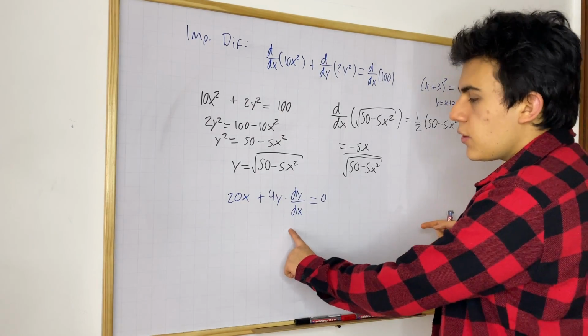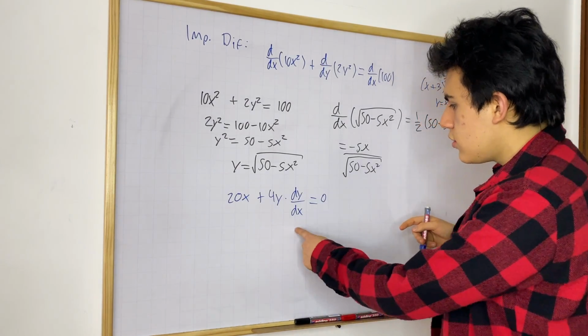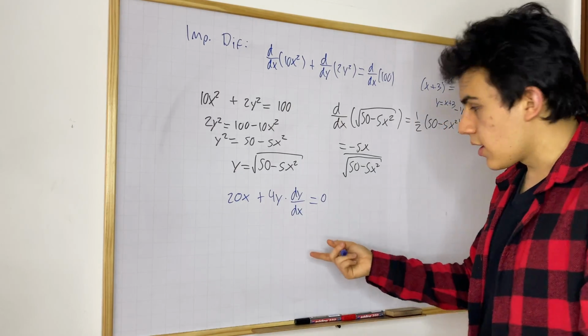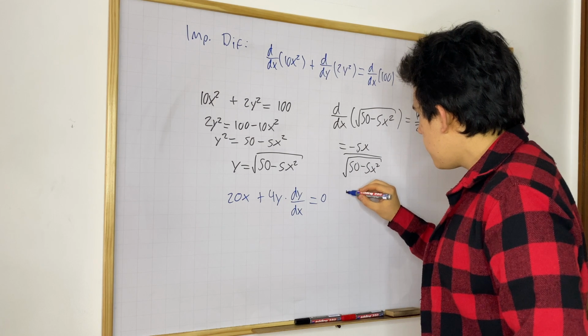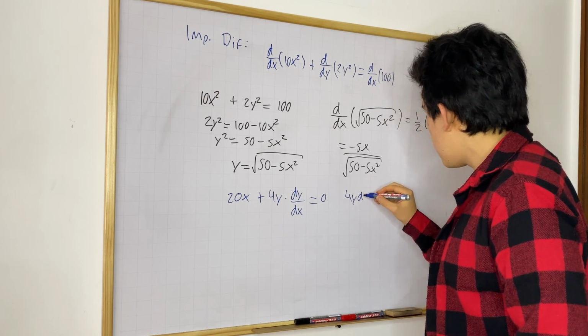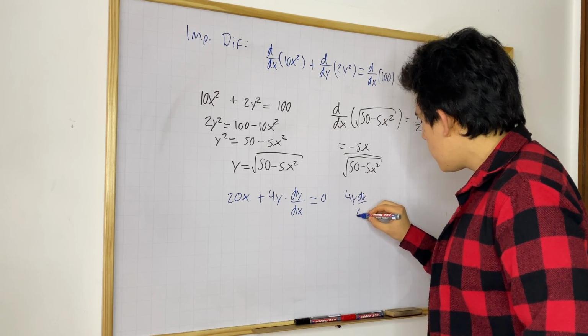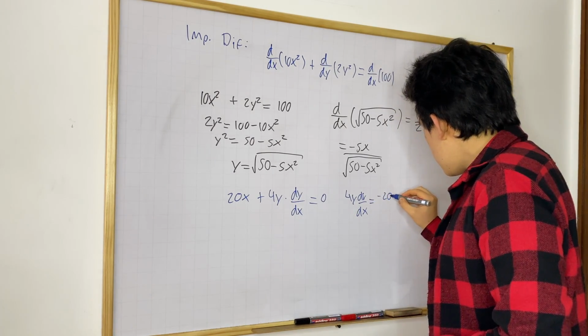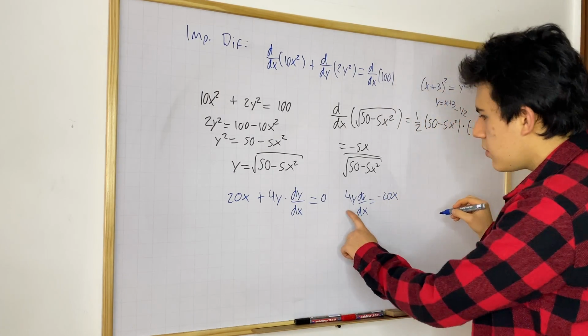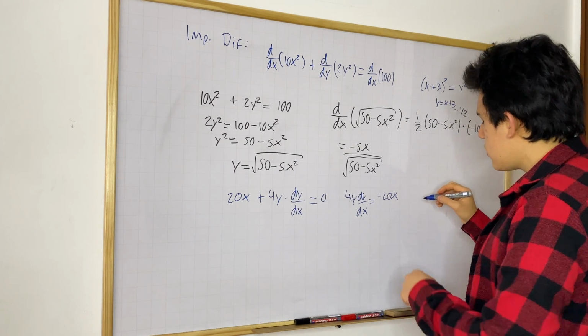Now we wanted to find dy over dx, right? Well, we can simply rearrange this equation and find dy over dx. So dy over dx is going to be equal to minus 20x, and now you can move the 4y to the right.